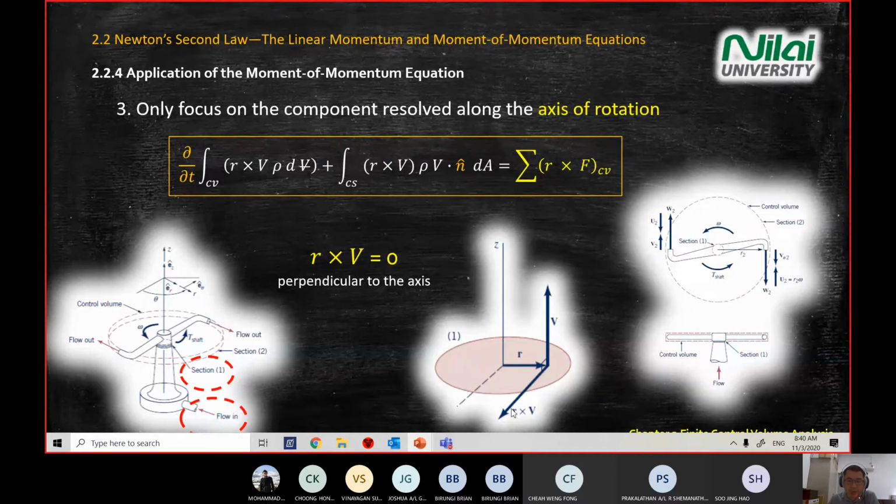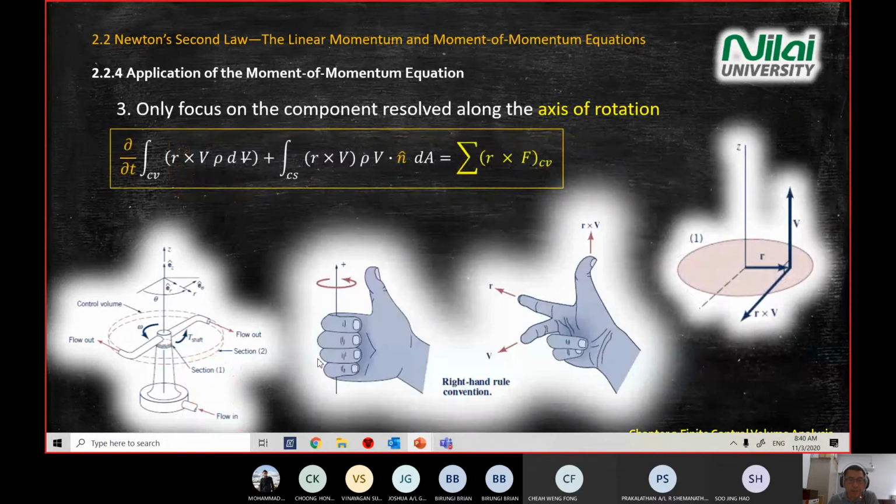All right. The product of your r cross v, velocity here. Again, we look at velocity, not force. We look at velocity in this case. R cross v, we get 0. This is just what I mentioned just now.